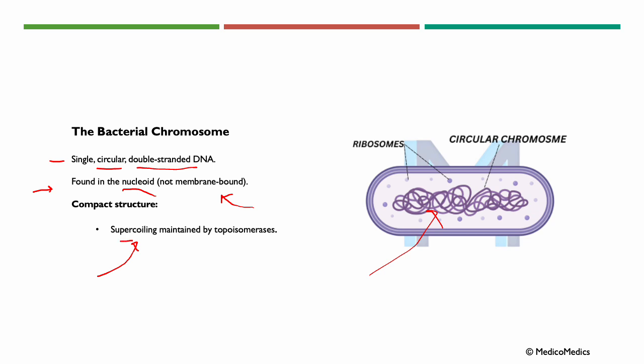And this supercoiling is maintained by topoisomerases. These are specialized enzymes which regulate supercoiling by winding and unwinding the DNA as needed for replication and gene expression.